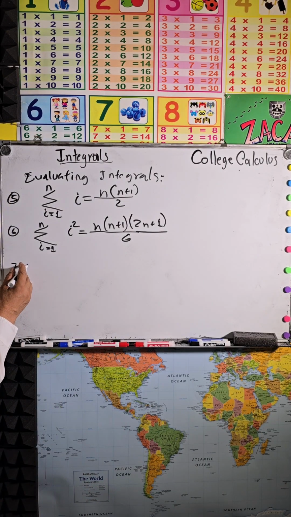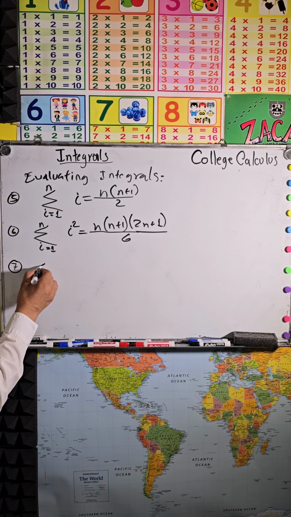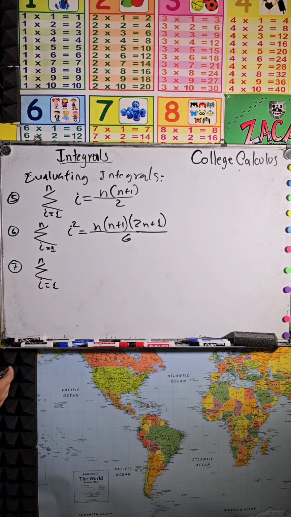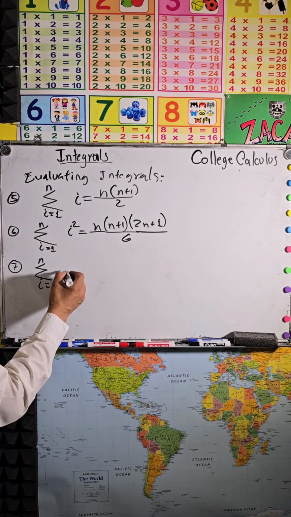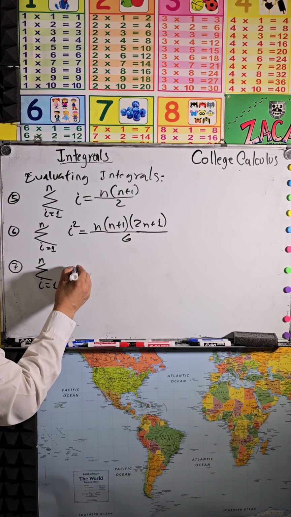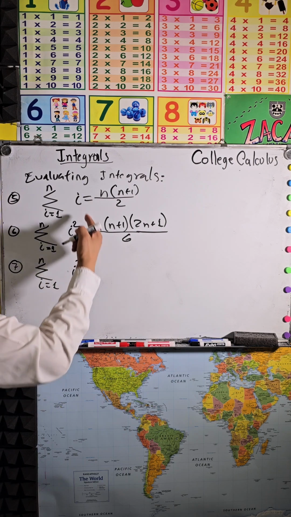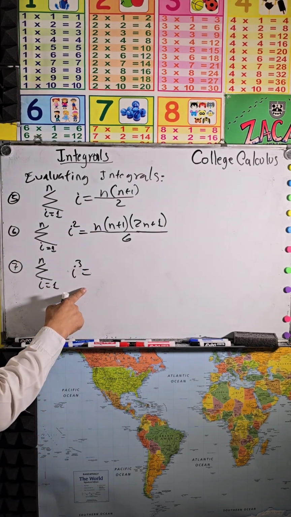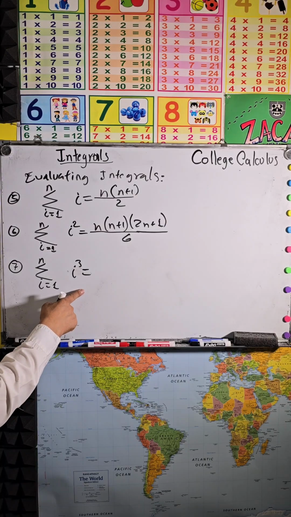So let's write number 7, sigma, i equals 1 to n, of i to the third power. First power, second power, third power. This is number 7.